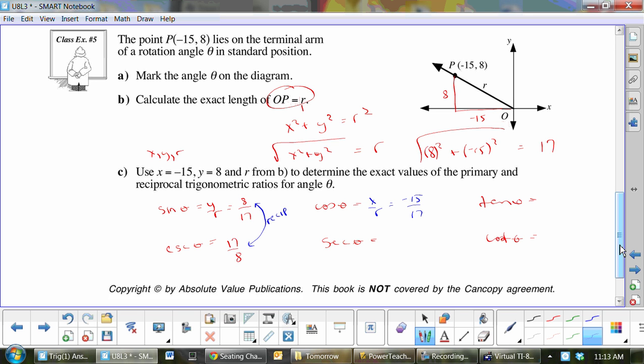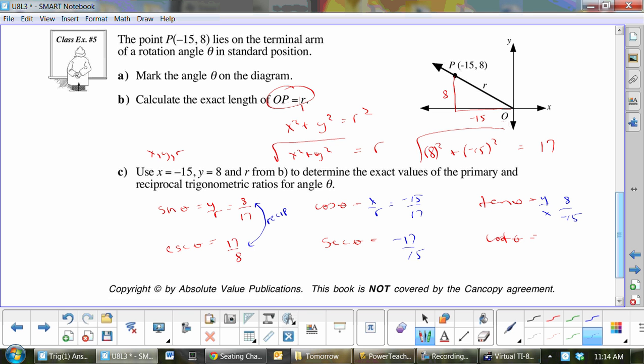So what would secant be? Negative 17 over 15. Good. So when they ask me for all 6 of them, this is how I always do it. I go Sohcahtoa, and then I just do their buddies underneath, and then I get the top ones and do the flip. Tan is y over x, which is 8 over negative 15.